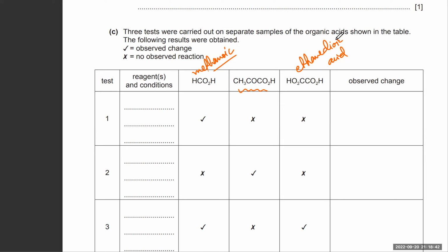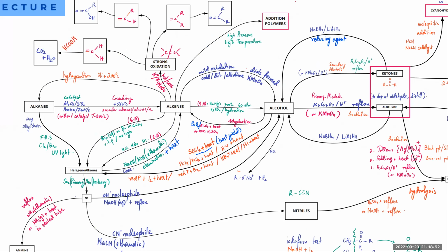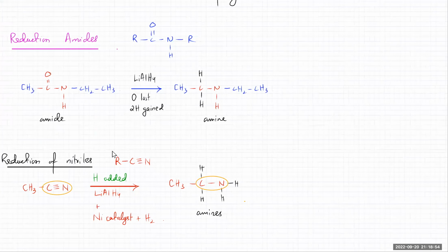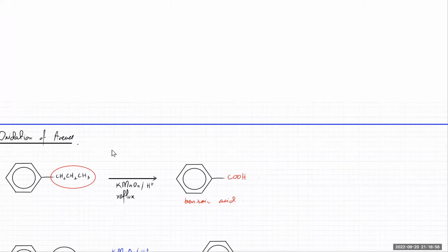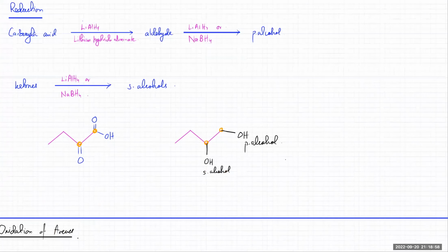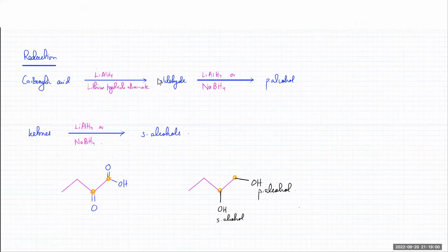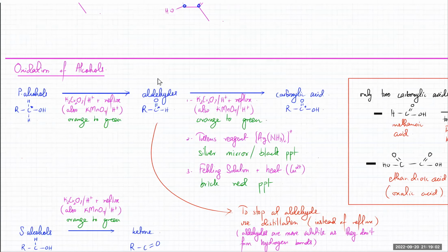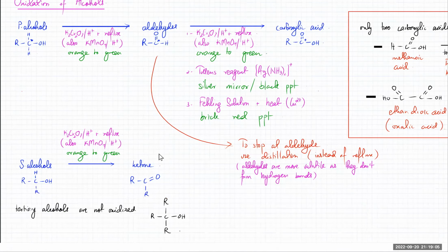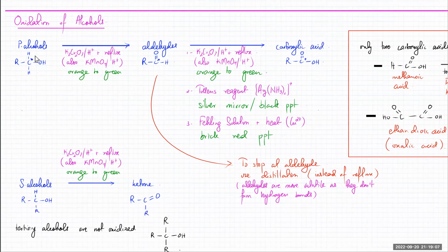So that's dioic acid. Now remember, when you study oxidation and reduction, if you go all the way back in part 3, the place where you study the oxidation of alcohols, primary alcohols turn into aldehydes.